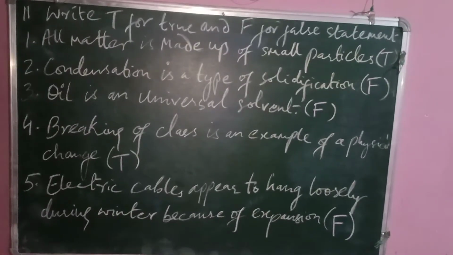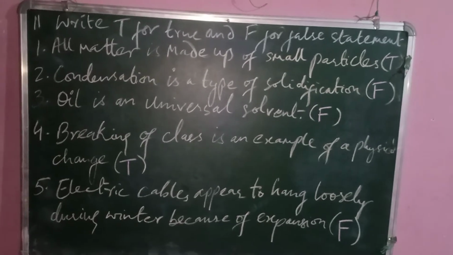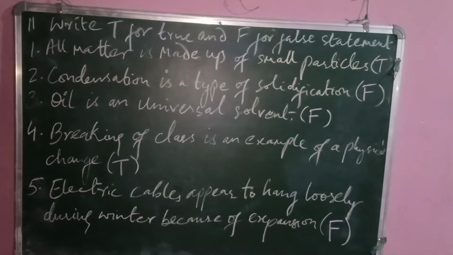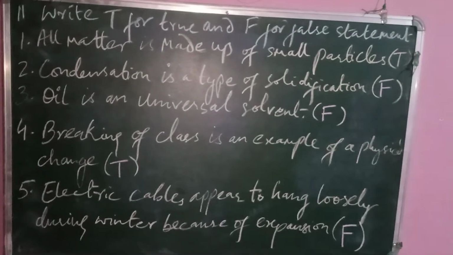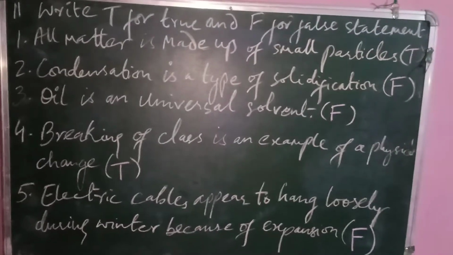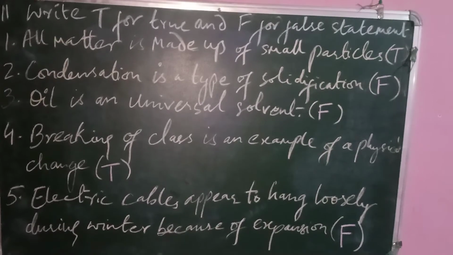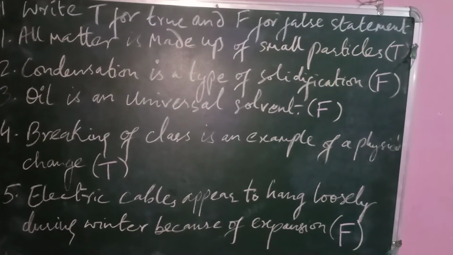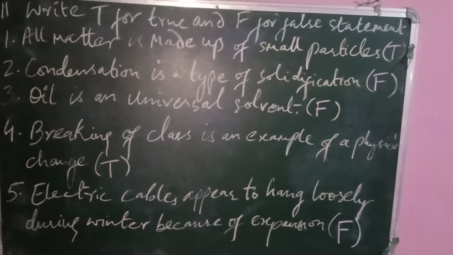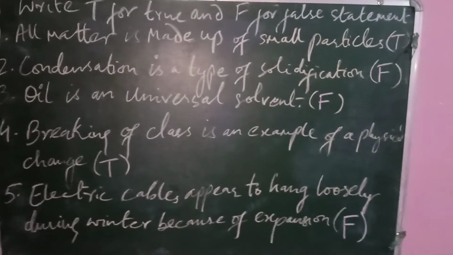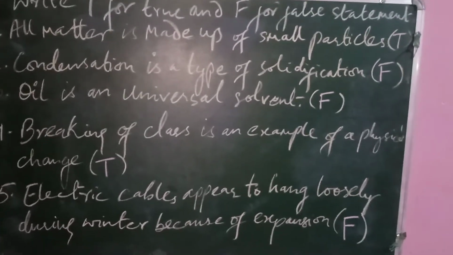Moving on, question 2, write T for true and F for false statements. Question 1, all matter is made up of small particles, so it is a true statement. Question 2, condensation is a type of solidification, so it is a false statement.